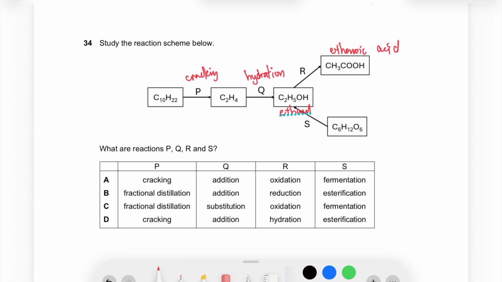So process R will be oxidation from alcohol to carboxylic acid, and from ethanol to this is your glucose. So it's the reverse, so it's actually your fermentation. Hydration is a kind of addition reaction, and then this is your cracking, of course, so answer will be A.